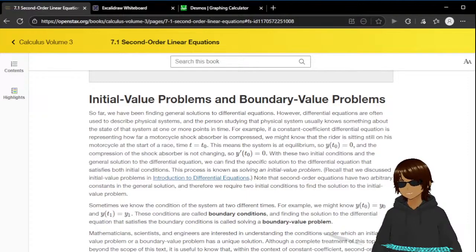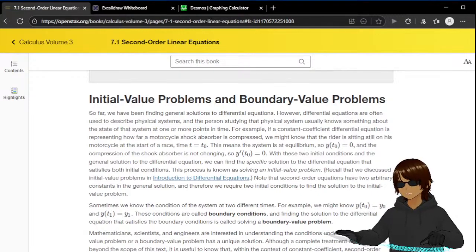For example, if a constant coefficient differential equation represents how far a motorcycle shock absorber is compressed, you might know that the rider is still sitting on the motorcycle at the start of a race, at time t equal to t naught. This means the system is at equilibrium, so y of t naught is equal to 0, and the compression of the shock absorber is not changing, so the derivative of y is 0.